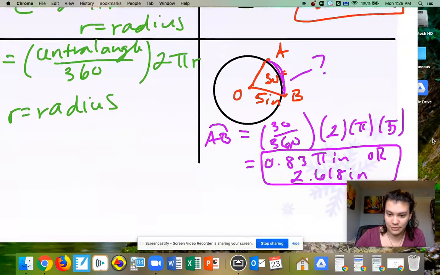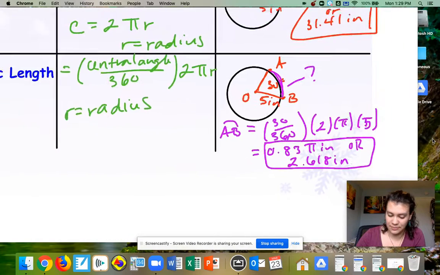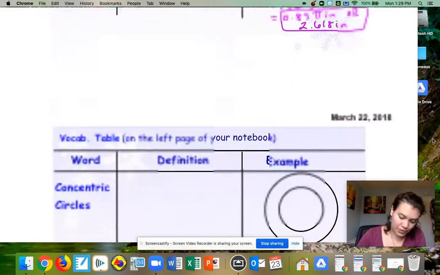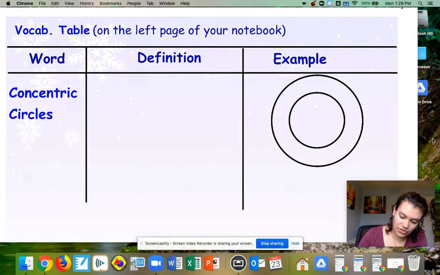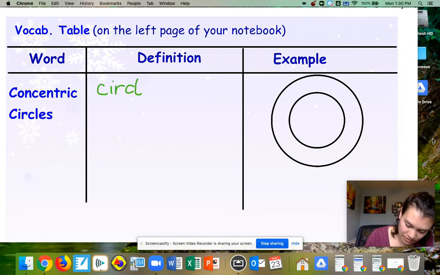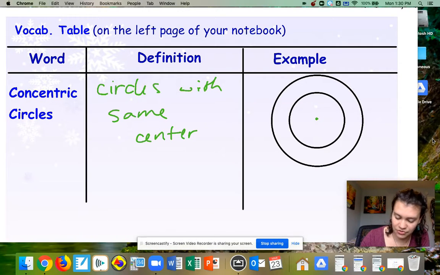Does it want you to do it in terms of pi, or does it want it not in terms of pi, just a standard decimal? So the last definition today is concentric circles, and these are just circles within another circle, circles with the same center. So here, this would be the center, and then you have two circles around the same thing.